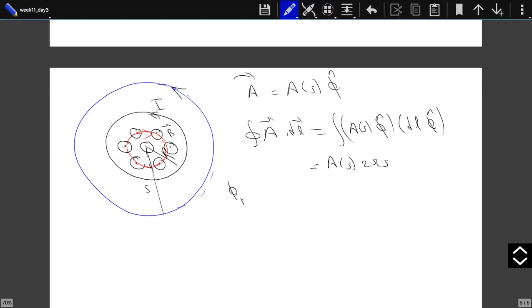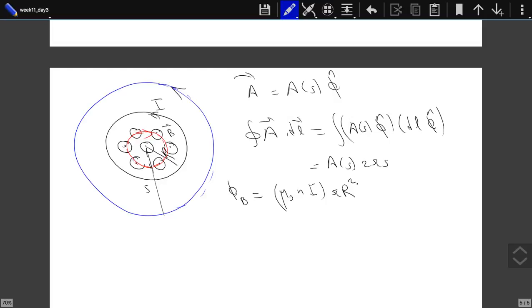Now the B, it will be again mu 0 n times I. This is the B field. It's only in the region inside my solenoid, which has an area pi r squared. Now this time it's a positive flux because ds is in the z direction, B is in the z direction.